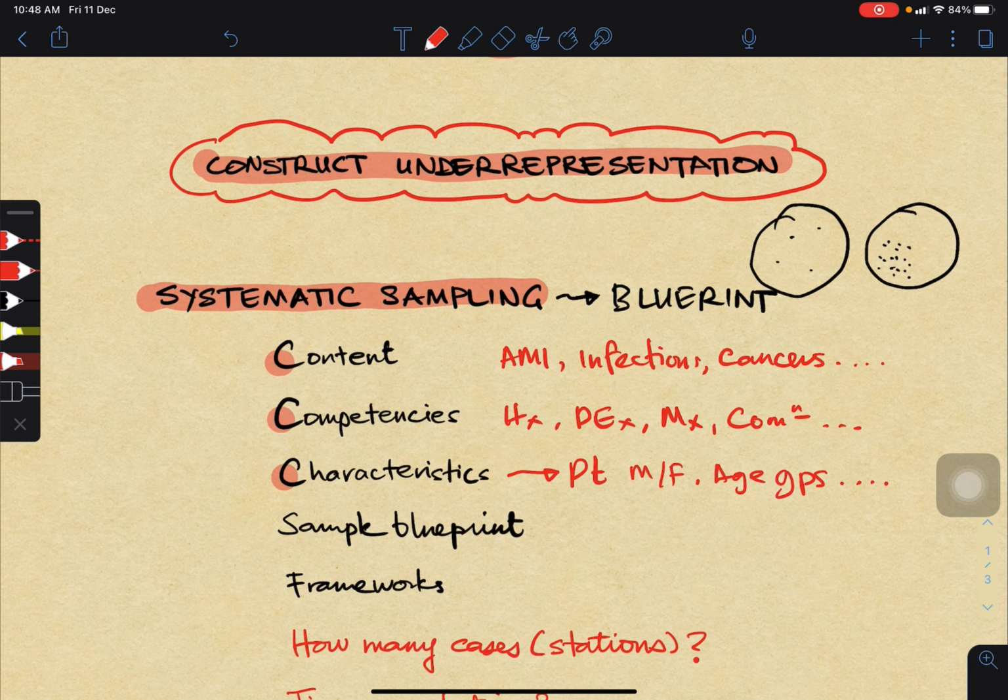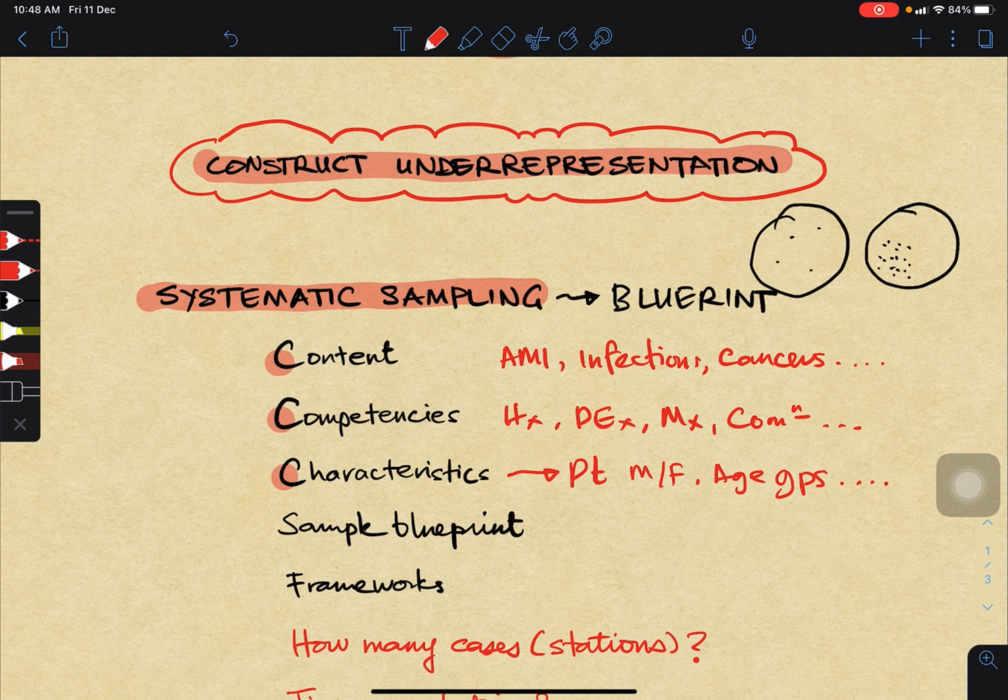Usually we source from our friends and support staff and things like that. So we rarely find standardized patients who are, let's say, pensioners or old women and things like that. So we try our best to make sure that we sample all kinds of patients' characteristics. So that's the 3 C's as mentioned in the book.